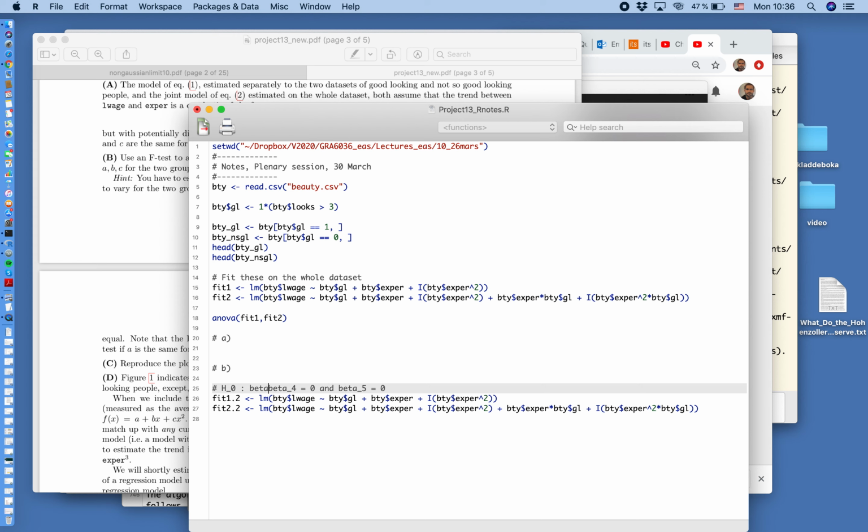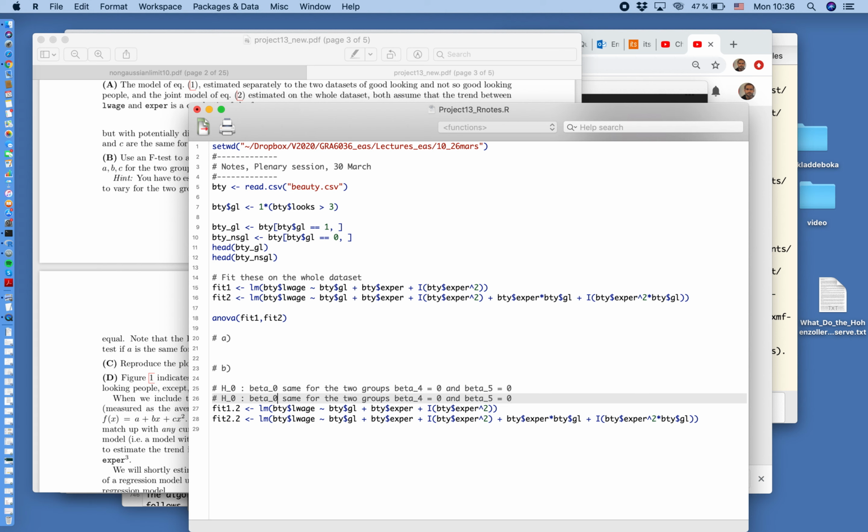And then we have beta 0 the same for the two groups, which is the same hypothesis as saying that beta 1, the coefficient on this covariate, is equal to 0. So we can write it like this, or we could do beta 1 equal 0 and beta 4 equals 0 and beta 5 equal to 0.